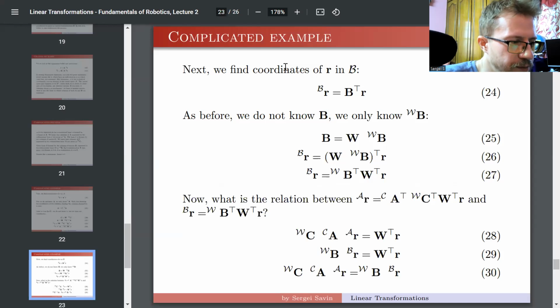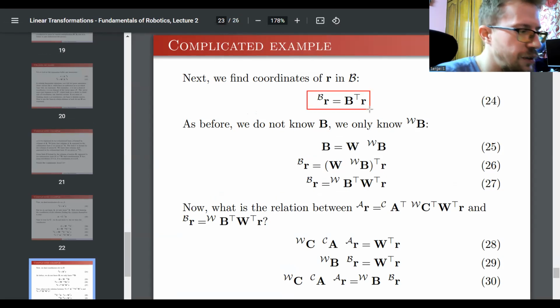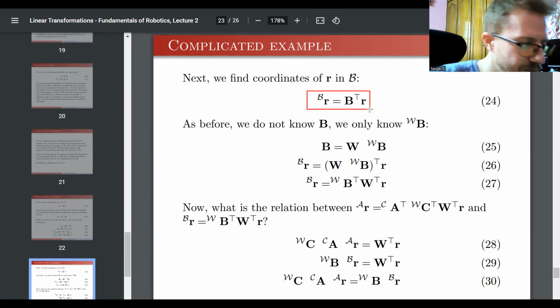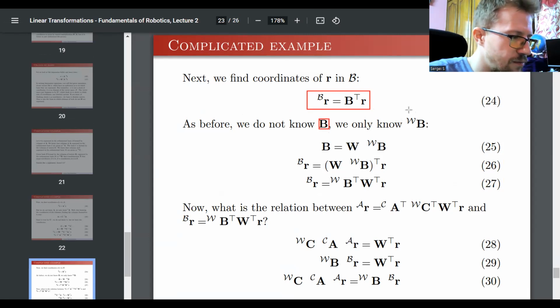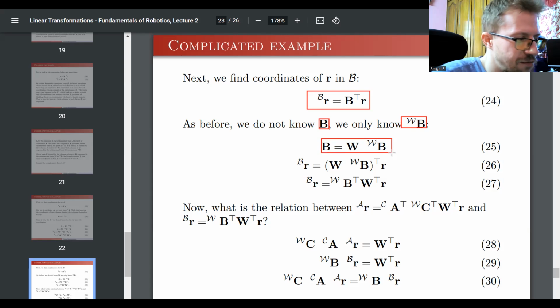Next, we do the same for B. This is by now familiar. Coordinates of R in terms of B will be equal to B transposed R. Okay. B transposed R. As before, we do not know B, but we know its coordinates. So we can find B in terms of its coordinates, right? Multiply coordinates by the basis, you get the vector.